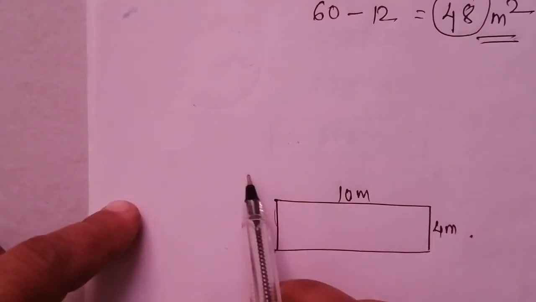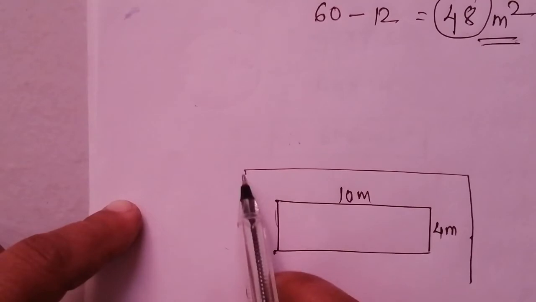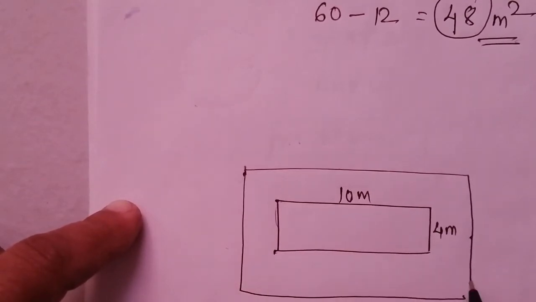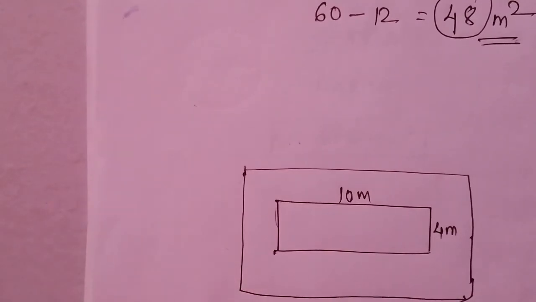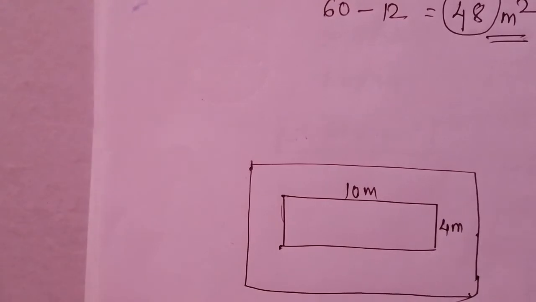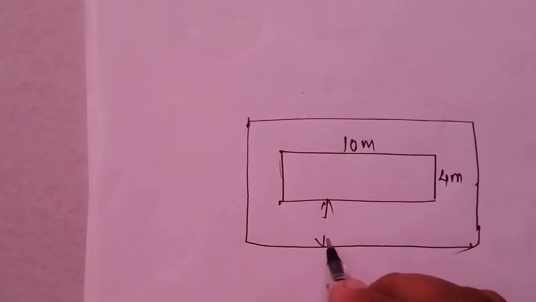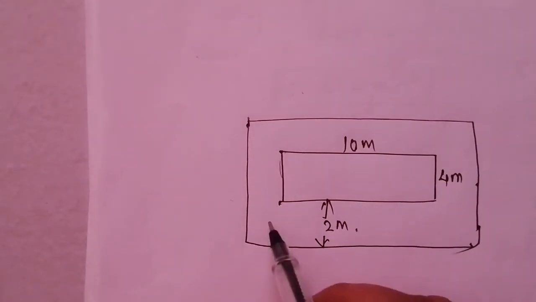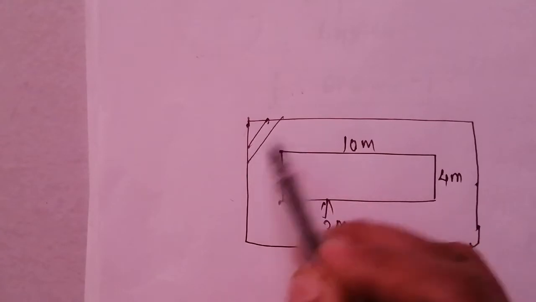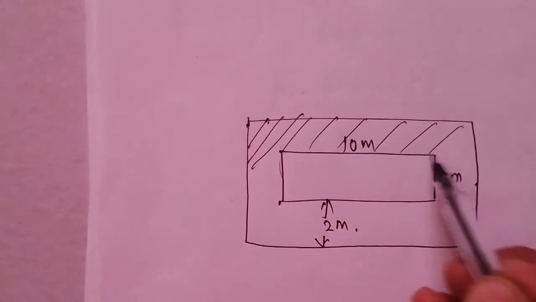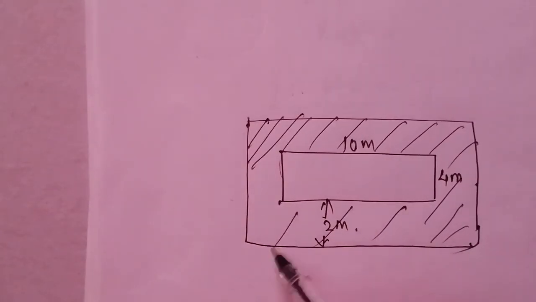Around this, a pathway has been made for jogging, and the width of this pathway is 2 meter. Here also, to find the area of this pathway, you need to find the area of the largest rectangle and then subtract the area of the smaller rectangle from that.